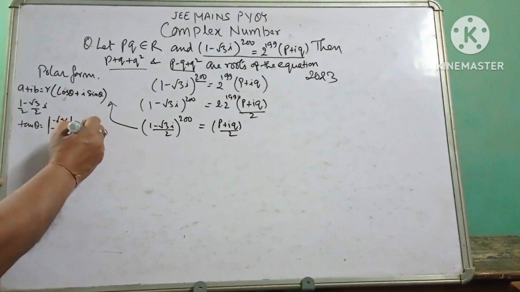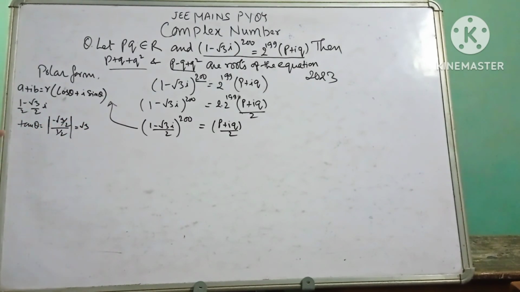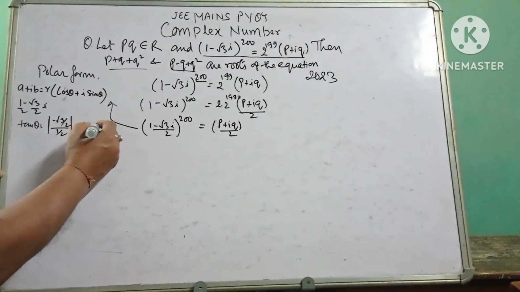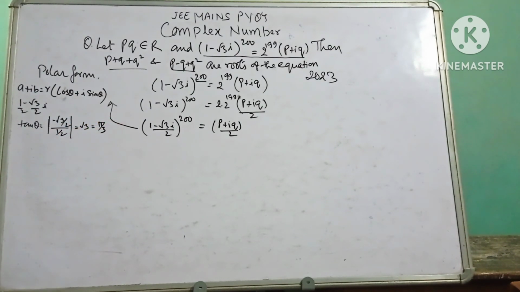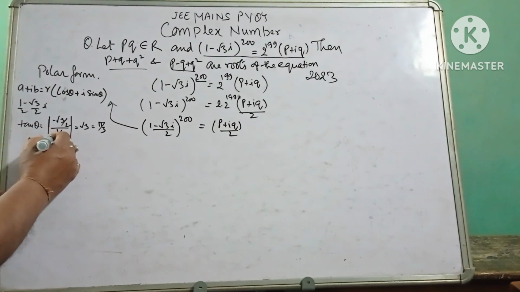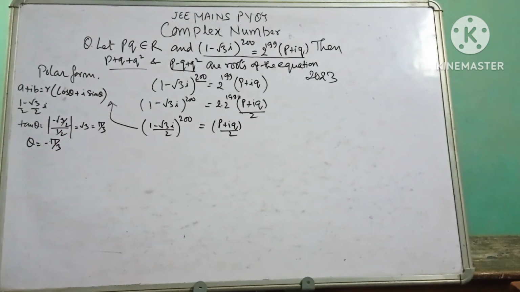So this comes out to be root 3, and this is equal to pi by 3. But x is positive, y is negative, so it lies in the fourth quadrant. So your theta will be minus pi by 3, because x positive, y negative, so your argument of z, that is theta, will be minus pi by 3.